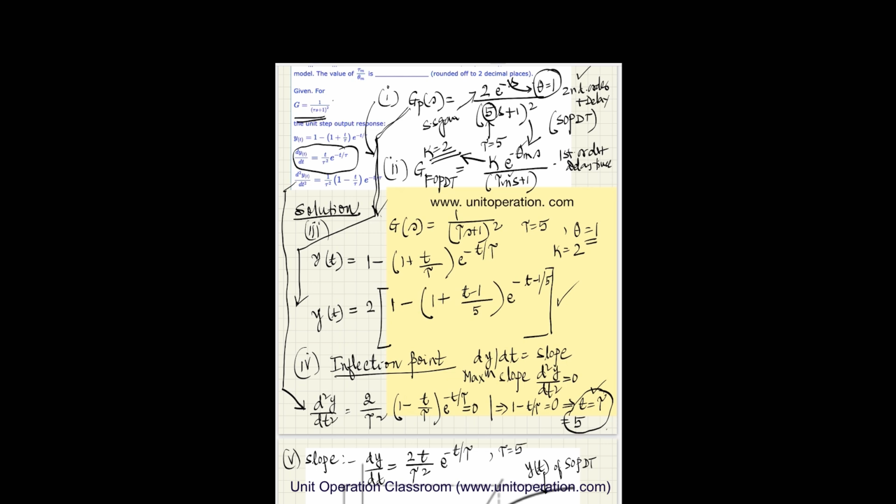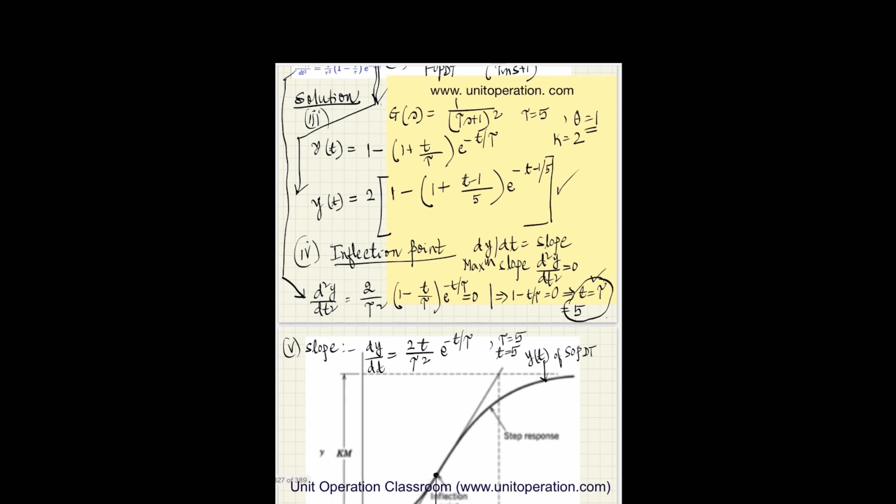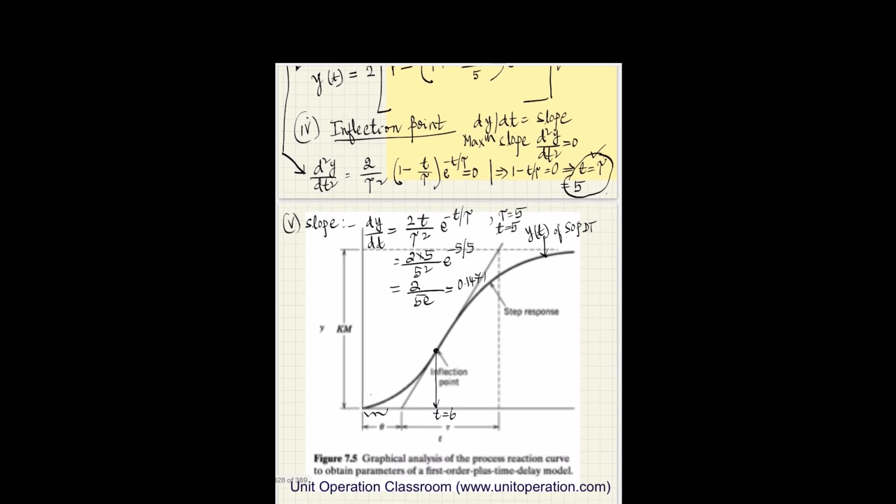So this would be equal to 2 times 5 divided by 5 squared, e to the power minus 5 over 5. Basically this becomes 2 over 5e, and that is equal to 0.1471. So at t equal to 6, this inflection happened. This is the point of inflection.